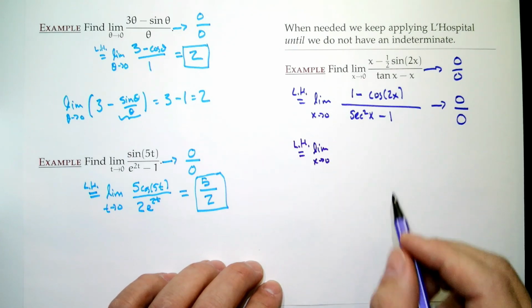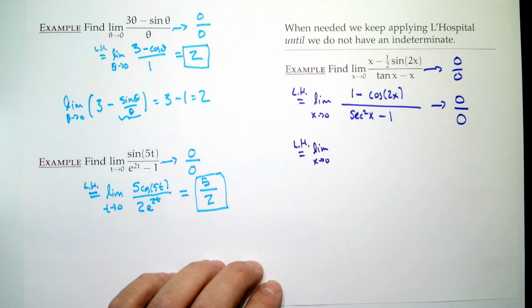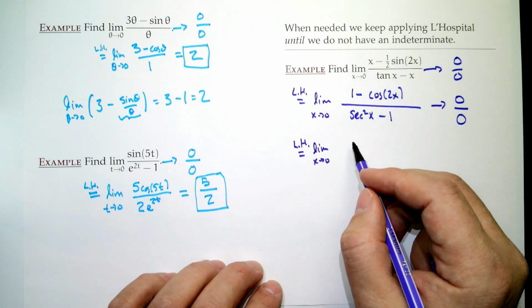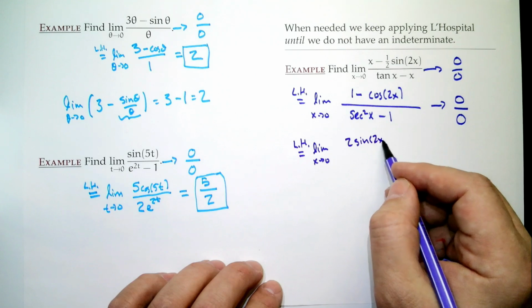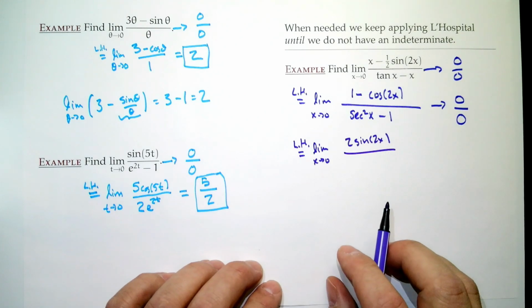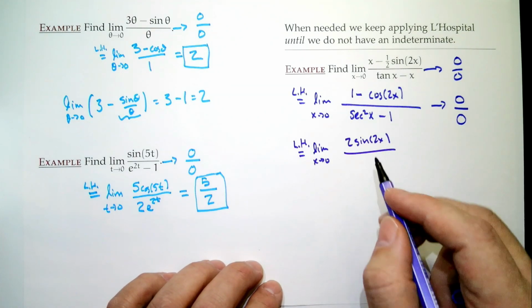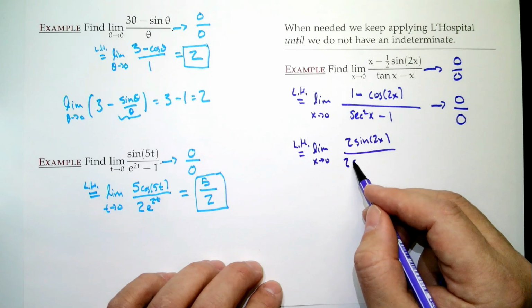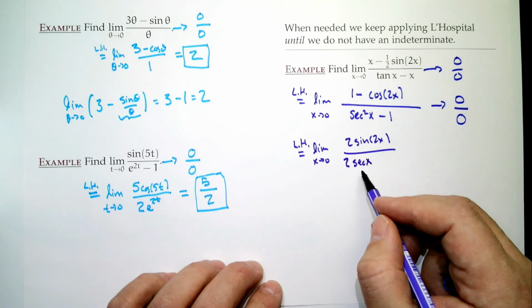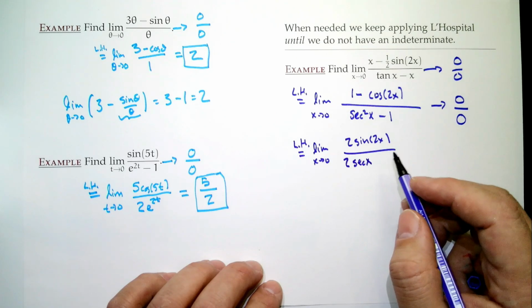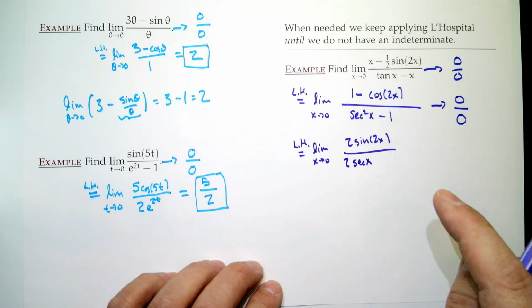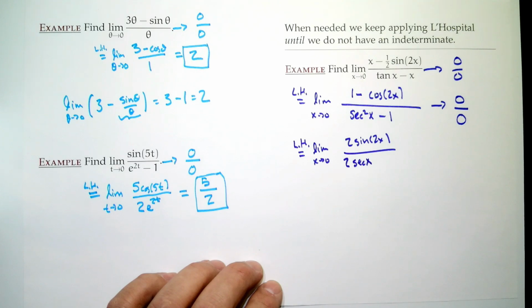Limit as x goes to 0. Okay. The derivative of the top. What is that going to give us? 2 sine of 2x. Derivative of the bottom. Okay. Derivative of secant squared. Well, that's 2 times secant x to the 1 times derivative of secant, which is secant times tangent.